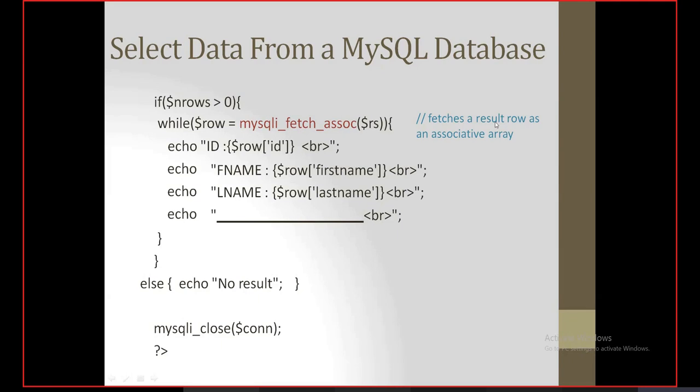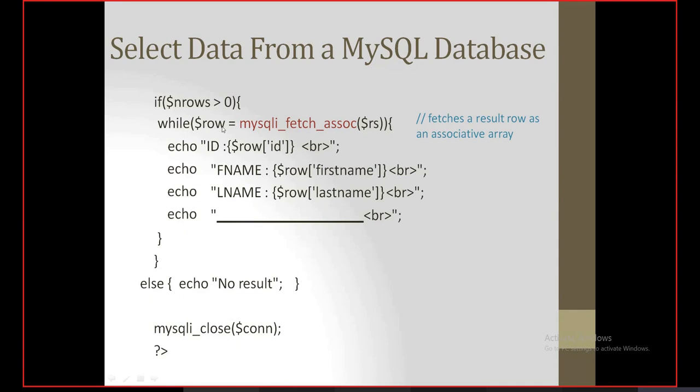So you can read the comment over here. What it does is fetch a row from the result set in such a way that it is an associative array. Understood? So now once we have got that associative array, we are assigning some name to that array. For example, the associative array name is row, right?